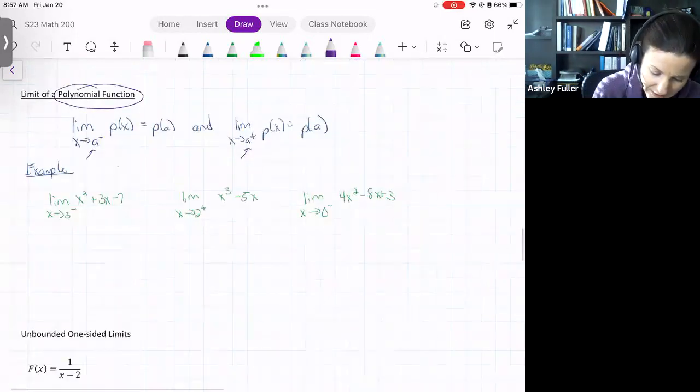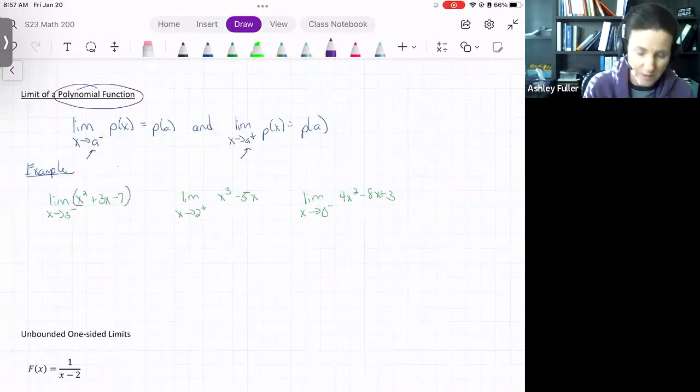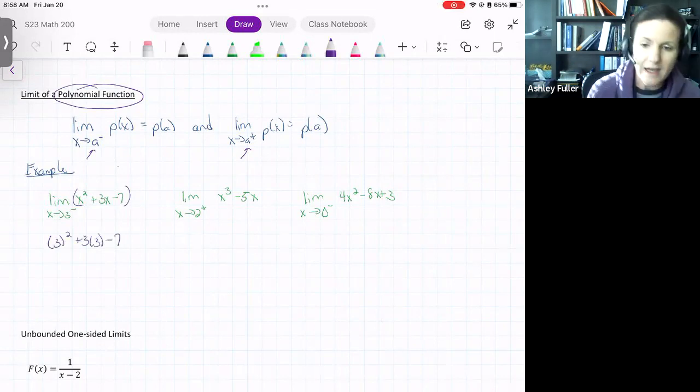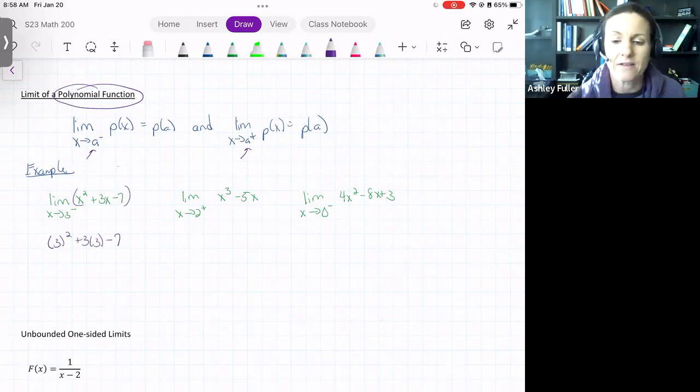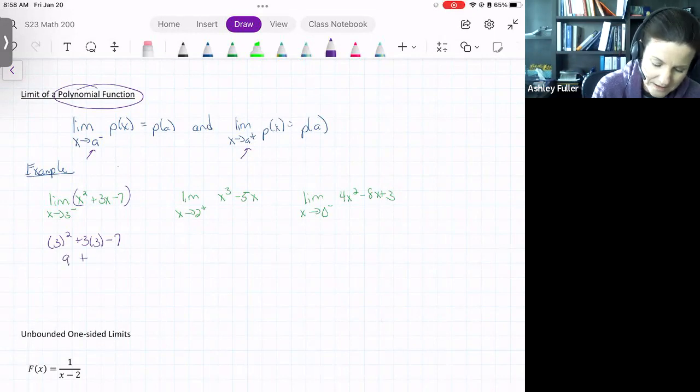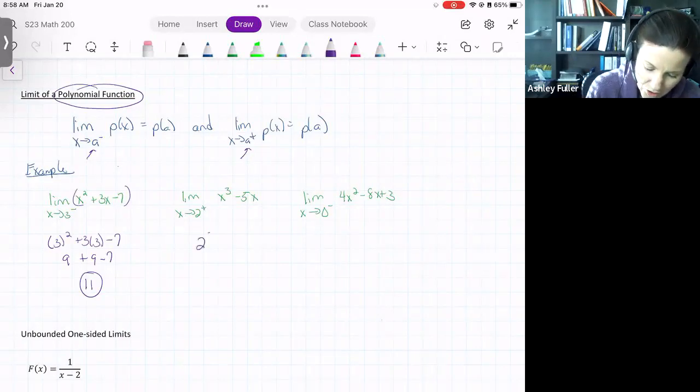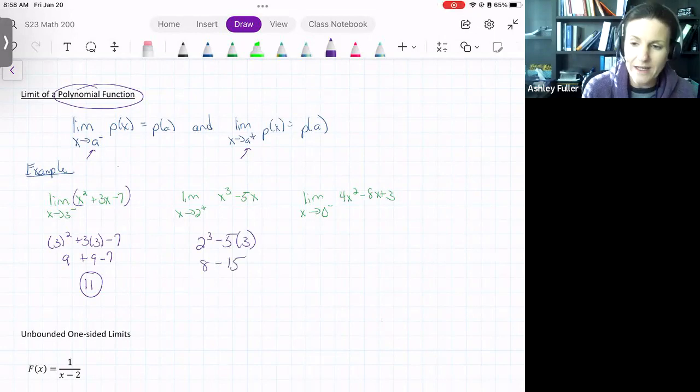If I want to find the limit of this polynomial, it must be a polynomial, I can simply plug in 3 to the function. And when I calculate this, I get a value of 9 plus 9 minus 7, or 11. The limit as x approaches 3 from the left is going to be 11. Plugging in 2 to this function, I get a value of 8 minus 10.